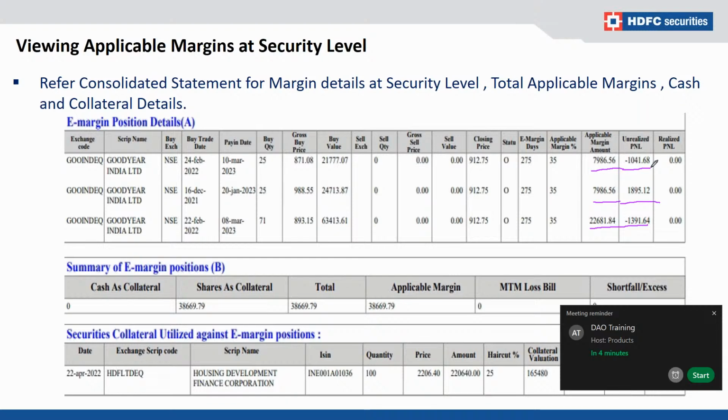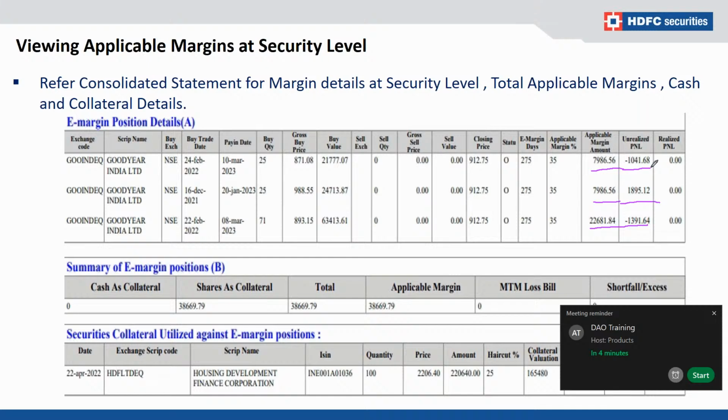And how much quantity of shares at what price. This is the haircut on this value. What is the total collateral valuation and how much amount has he used? The same amount is showing here. So this report shows the entire picture to the customer.